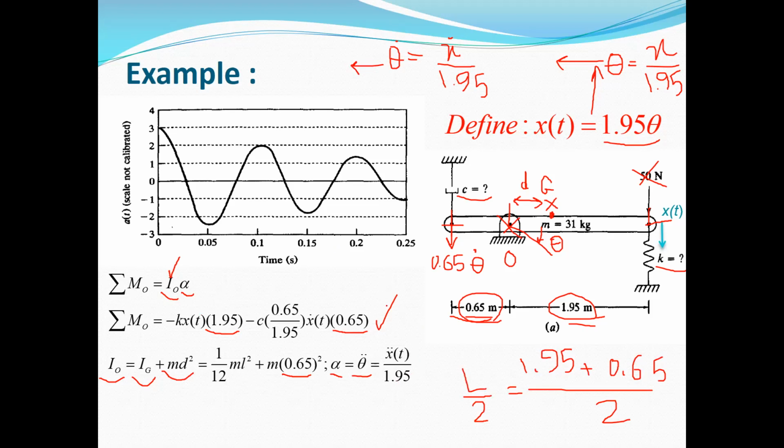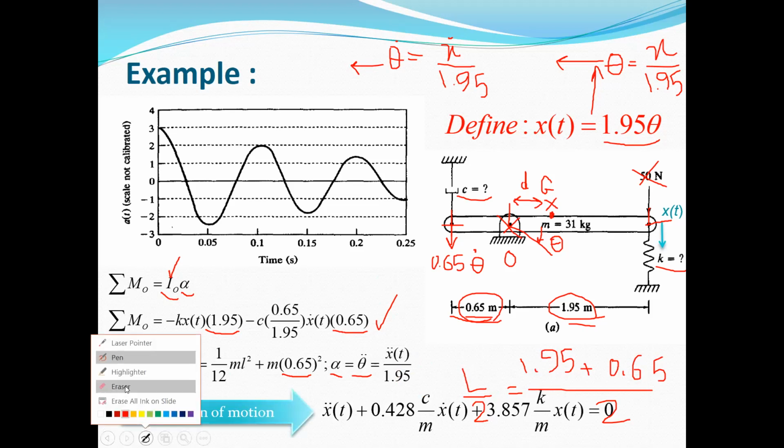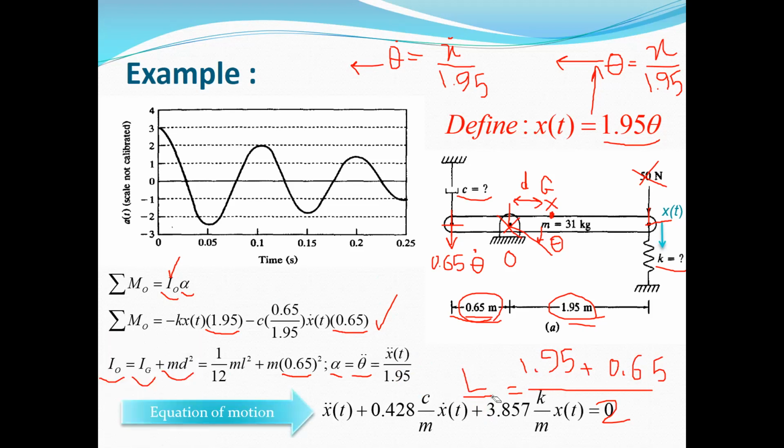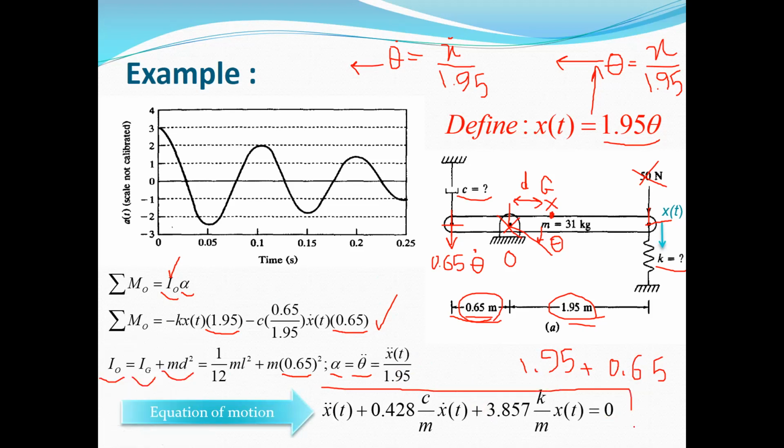So we can substitute all of these terms into the equation and extract the equation of motion by simplifying these terms as a function of X. So here you can see this is the equation of motion as a function of X. And now you can see this term is the omega n squared.